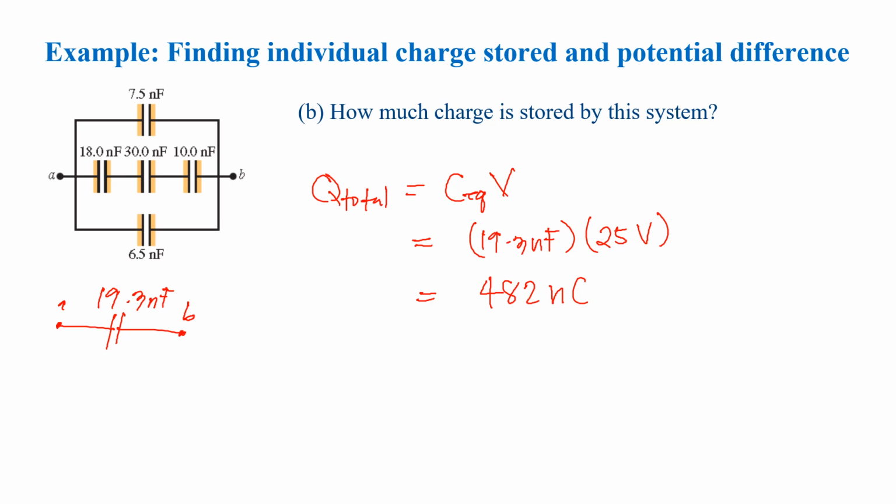As you can see, we did not convert your nanofarads into farads, because we can just use it directly, and instead of coulombs, we can use nanocoulombs. Okay, so this is the total charge stored by your 5 capacitor network, which we solved by just using your equivalent capacitor, the 19.3 nanofarad capacitor.